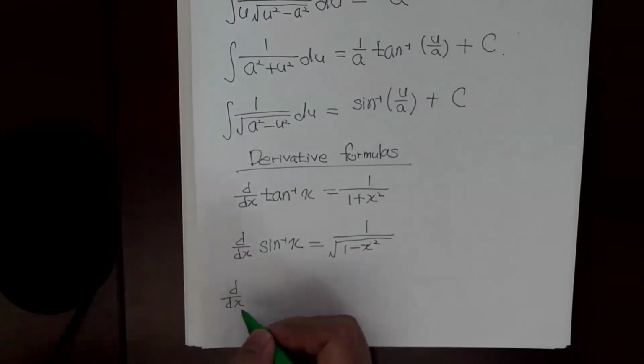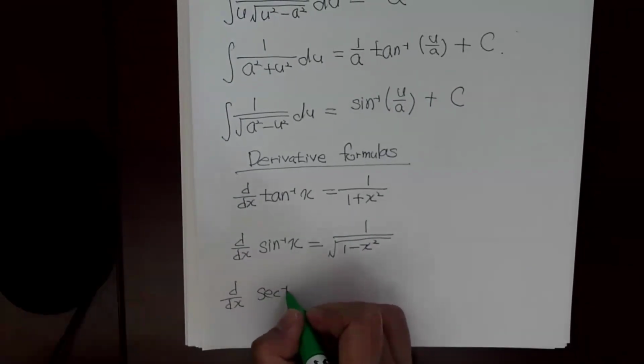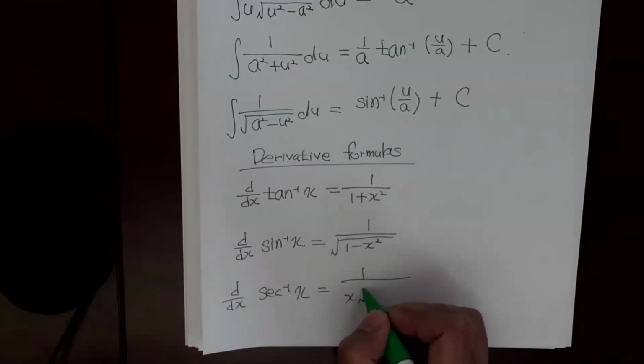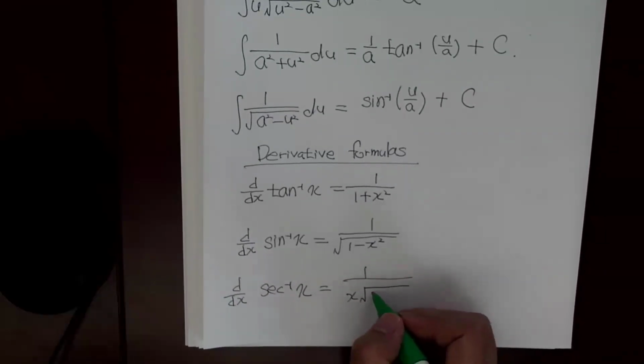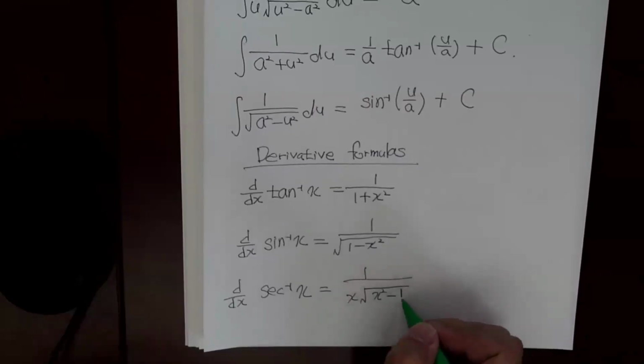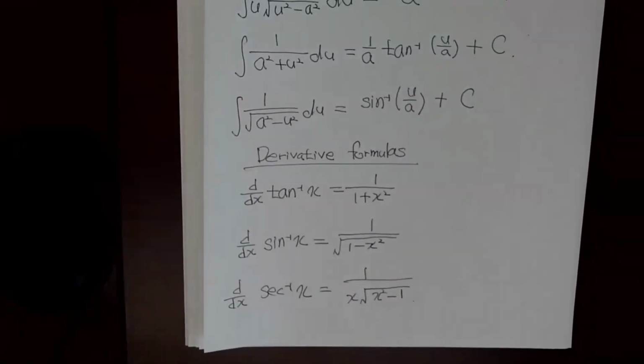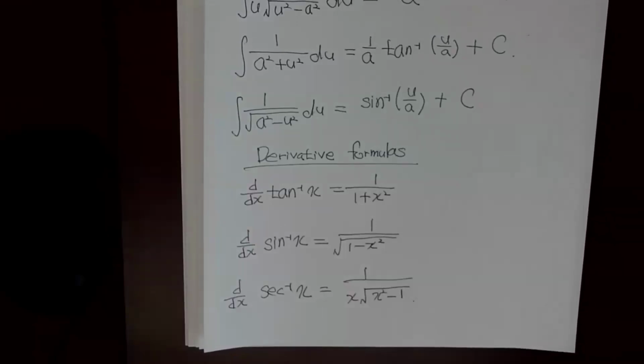And the derivative of secant inverse of x is 1 over x square root of x squared minus 1. Make sure that you are not confused with the formulas, both integral and derivative formulas.